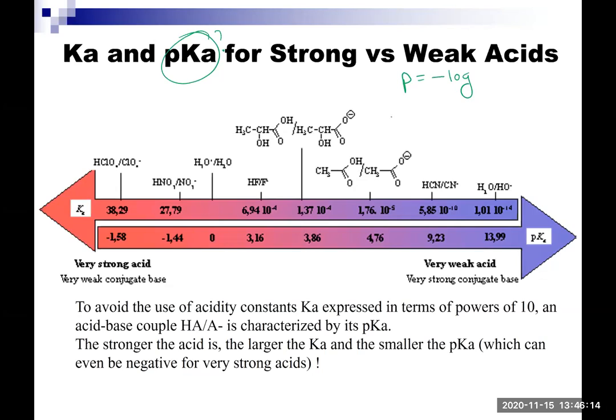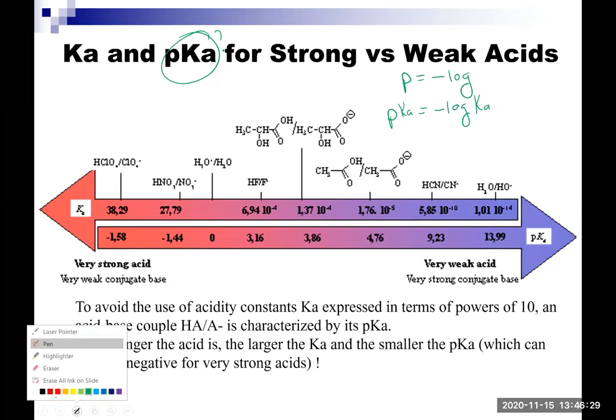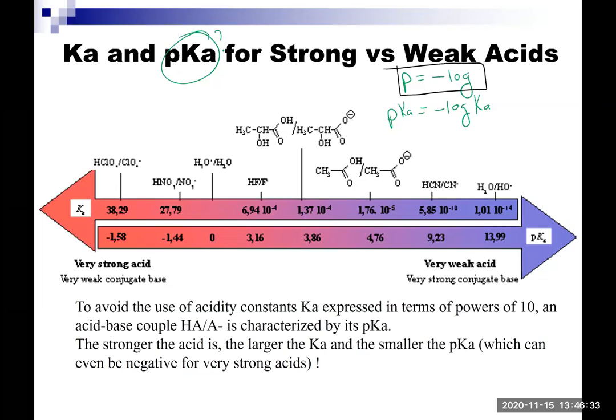So if you see pKa, then we're going to take the negative log of the Ka. And again, that lowercase p means negative log. No matter where you see it, that's what it's going to represent. Negative log of whatever you have.